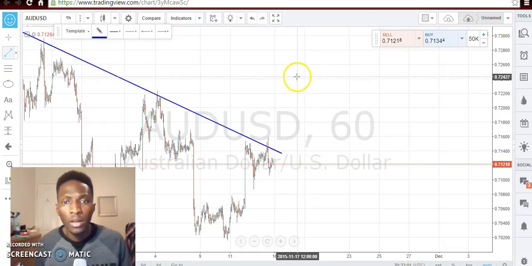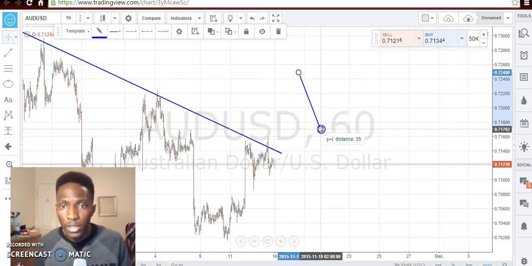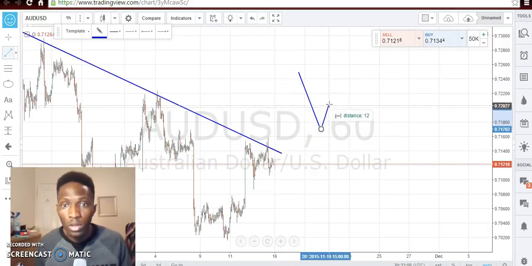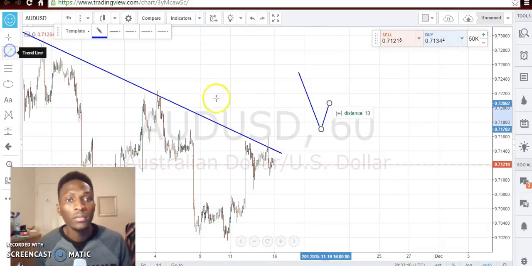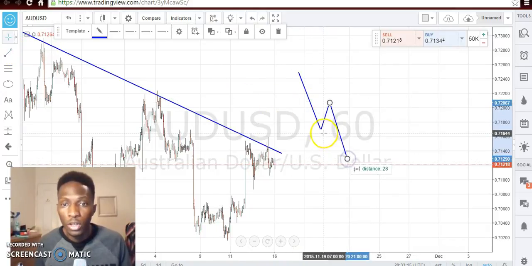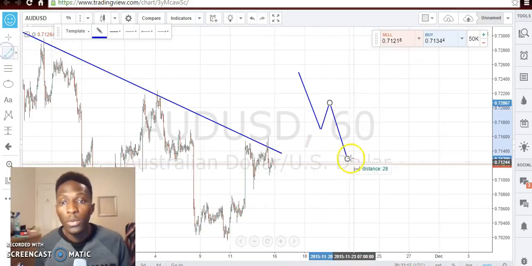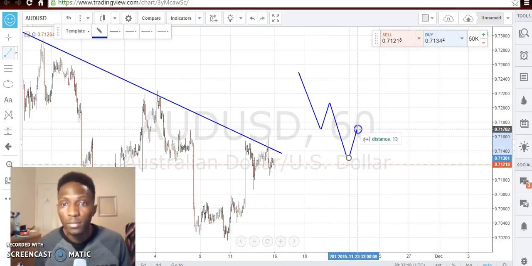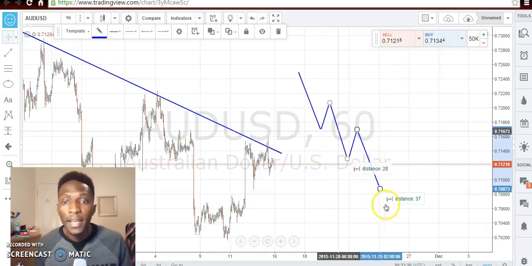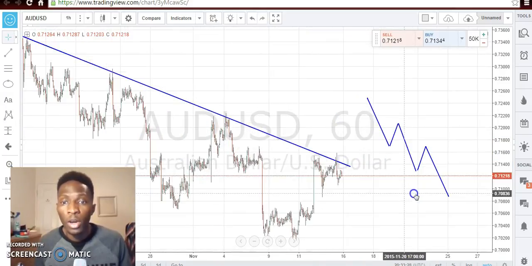If we are in a bearish market, the market typically is going to move like this: we've got an initial structure low, we've got a retracement, we've got a new structure breaking the previous structure low, and then we get a retracement, then we get another structure forming a new structure low. So basically this is the characteristic of a bearish market.